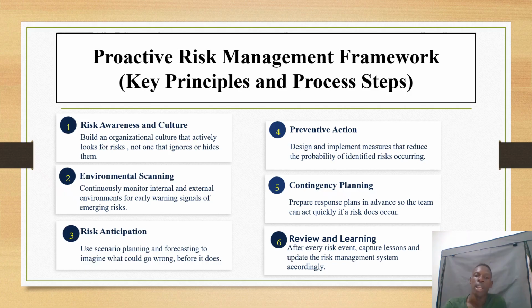Then we have review and learning. After every risky event happens, you capture the lessons and update the risk management system accordingly. You note down those lessons learned so that they can help you in the future when maybe the same risk happens.